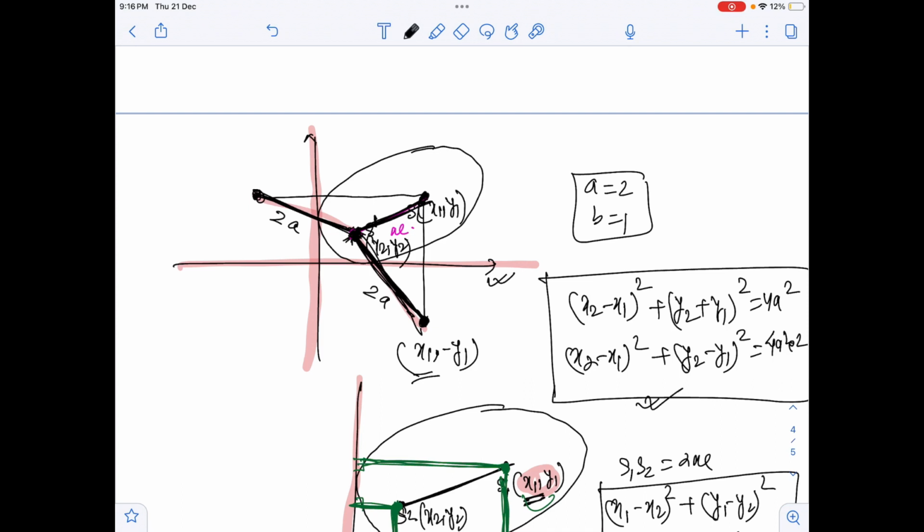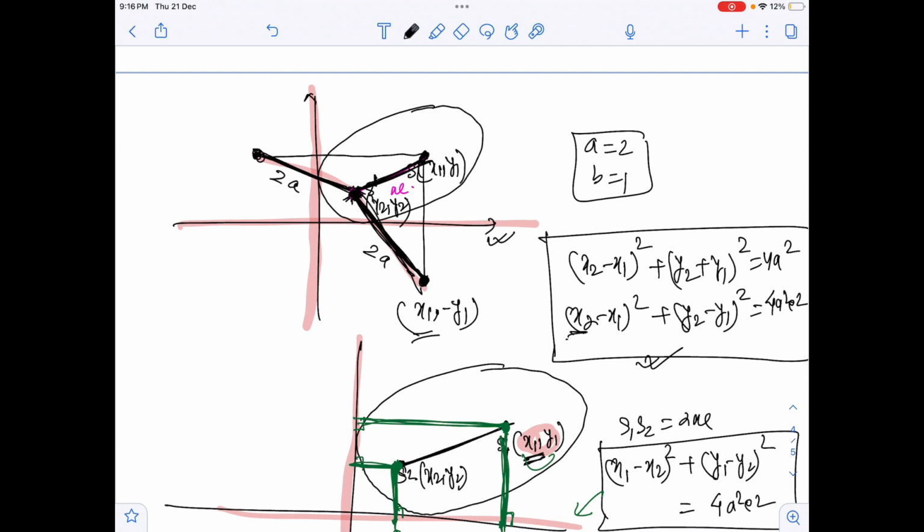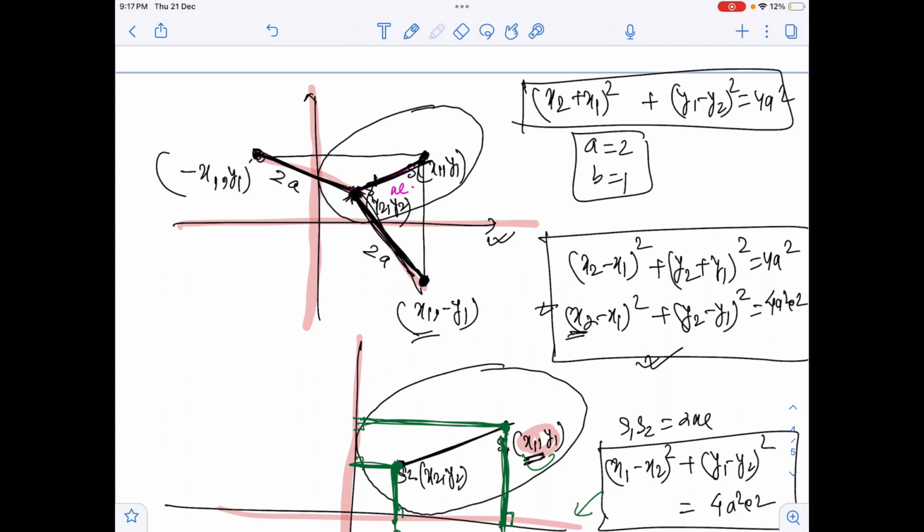So using all these three relations, you can eliminate x2, y2 and get the answer. If I take the focus reflection, it will be minus x1 comma y1. So we'll have one more equation: (x2 plus x1) whole square plus (y1 minus y2) whole square is 4a square.